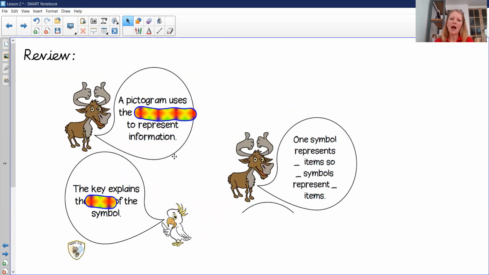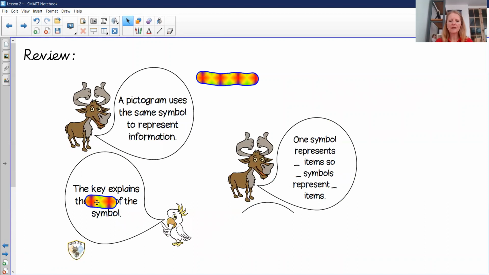Okay, here were our generalized statements and hints from Colin and Coco yesterday. Can you remember what's hiding behind the rainbow squiggle there? A pictogram uses the same symbol to represent information.